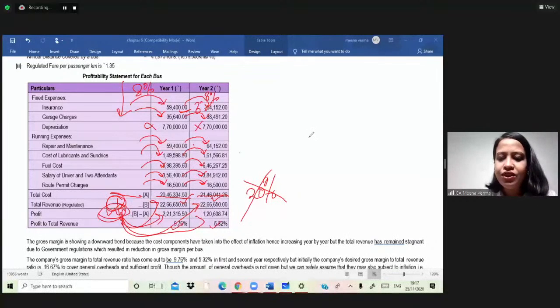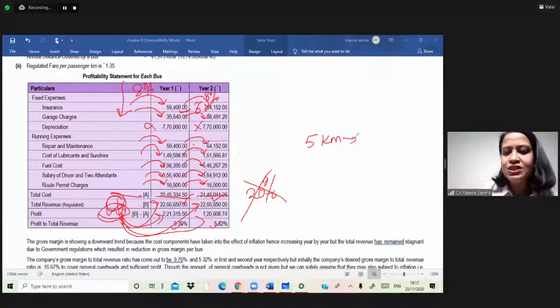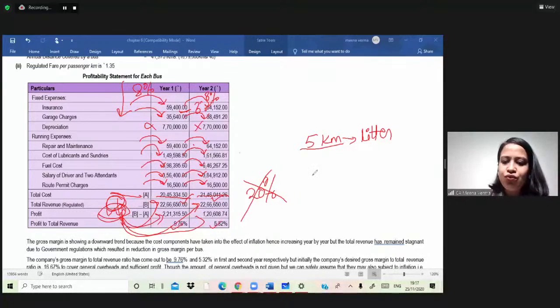See, it is given in the question that the mileage is 5 kilometer per liter. Means in 1 liter, the bus can travel 5 kilometer only. Okay, so this is the mileage. Now we have already calculated the total kilometer traveled by each bus in 1 year.